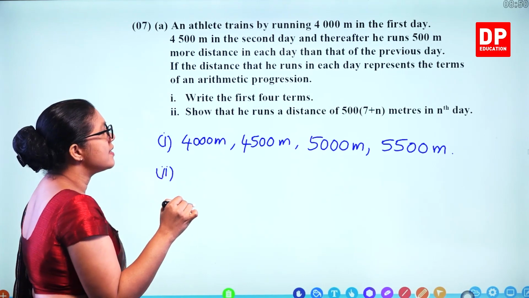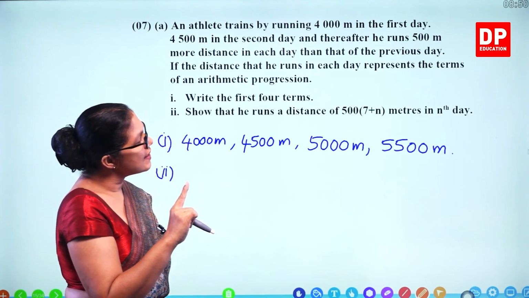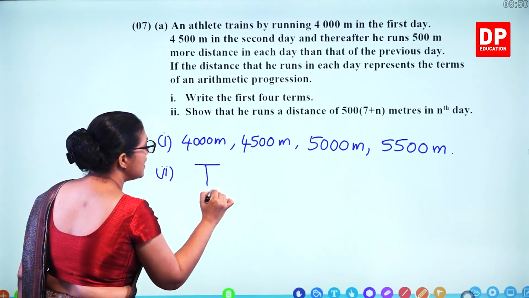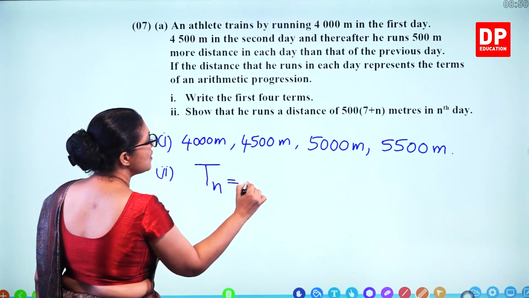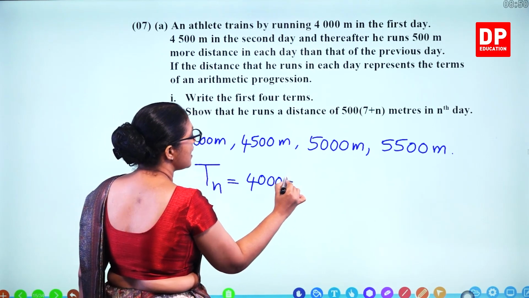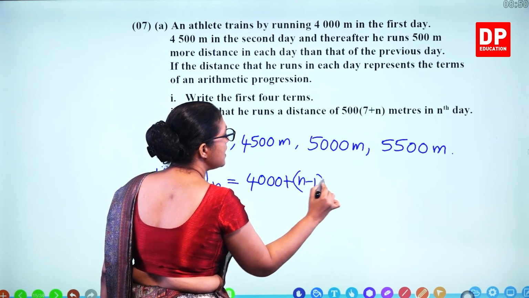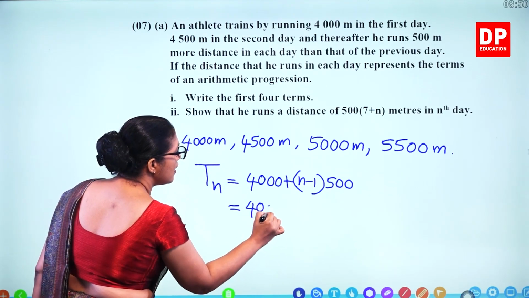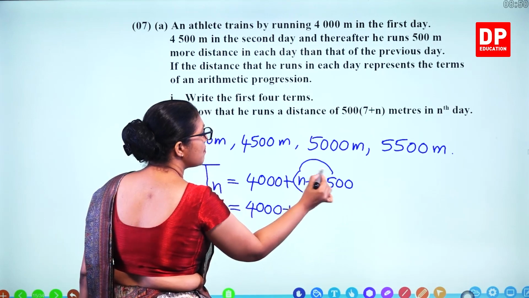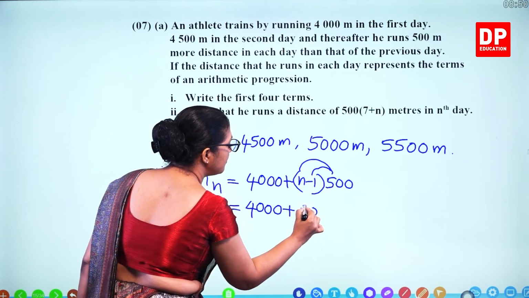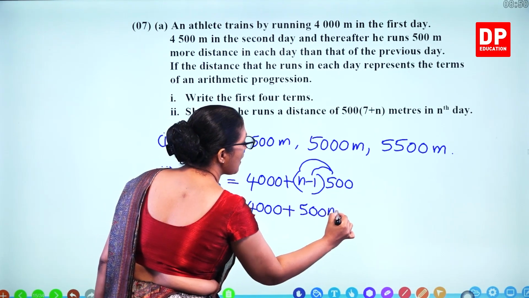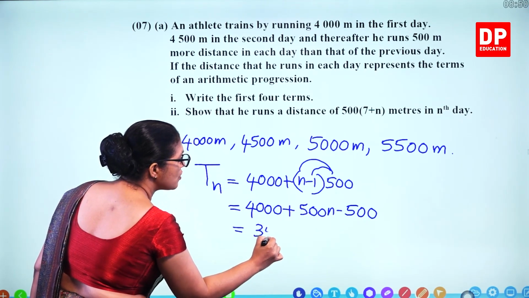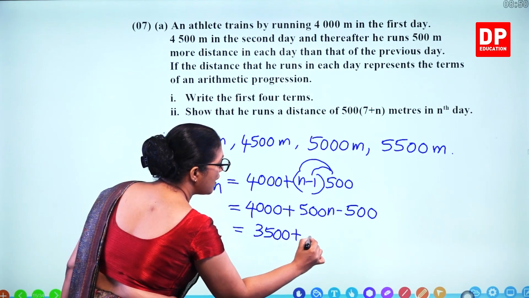Show that he runs a distance of 500 times (7 plus n) meters on the nth day. So nth day formula, that means Tn. First term is 4,000 plus (n minus 1) d. Difference is 500. So simplify. 4,000 plus, multiply these two, 500n minus 500. So you get 3,500 plus 500n.